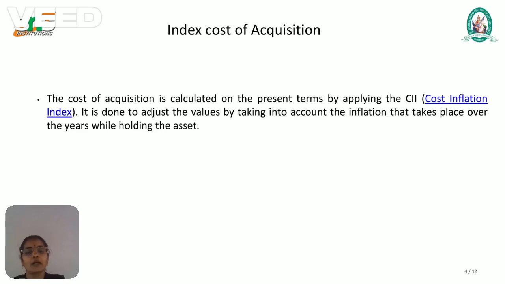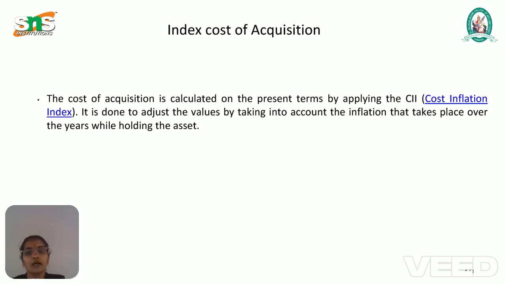Next we discuss the index cost of acquisition. The purpose of calculating the index cost of acquisition is to find the present value of the asset. For this we apply the CII, the cost of inflation index.